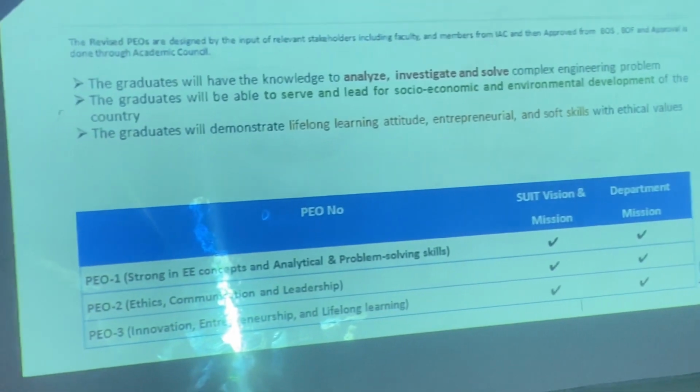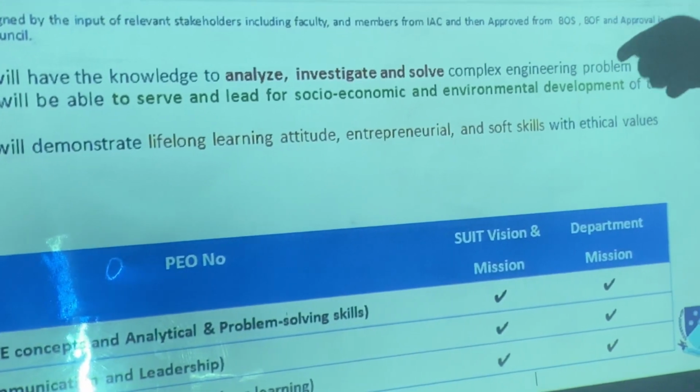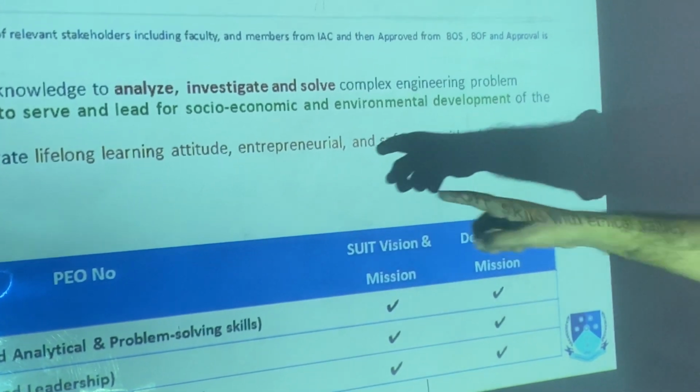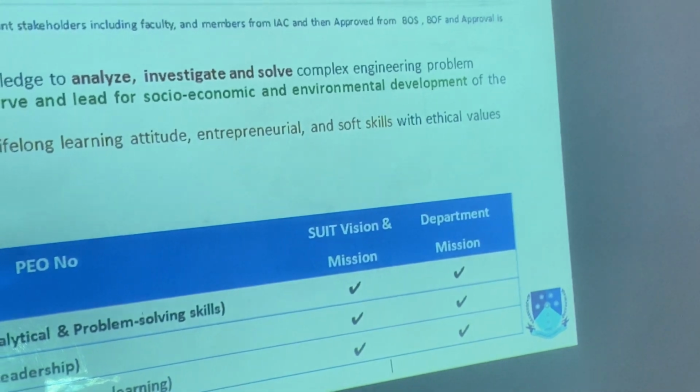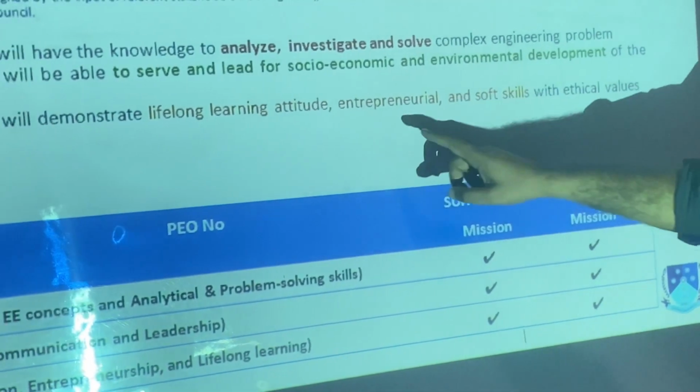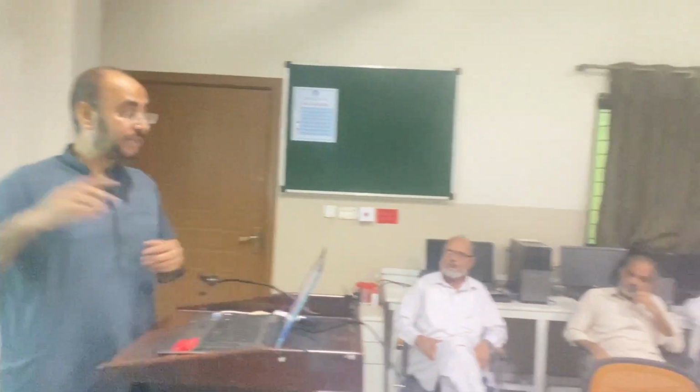And then the third PO: the graduate will demonstrate a lifelong learning attitude, the most important entrepreneurial and soft skills, with ethical values. Before then, the word entrepreneur was present, but there was no course. As the HOD, Engineer Anis, told you, after their visit the entrepreneurship course was introduced and its CLOs were designed.